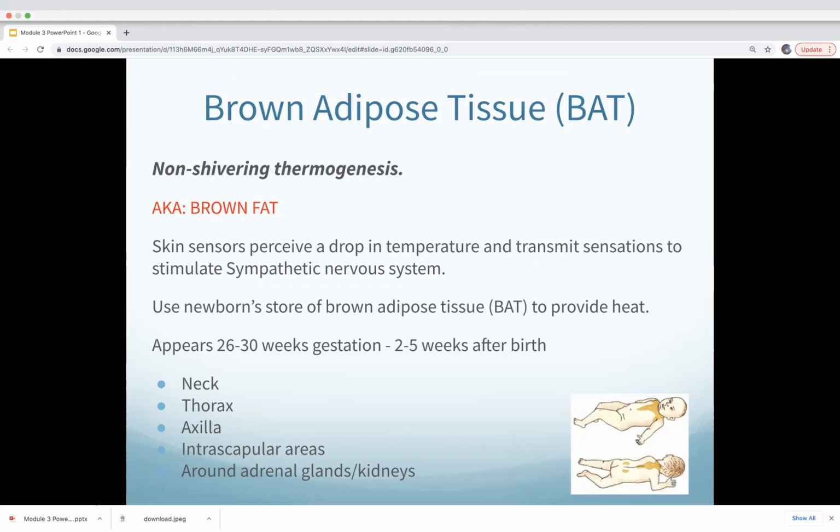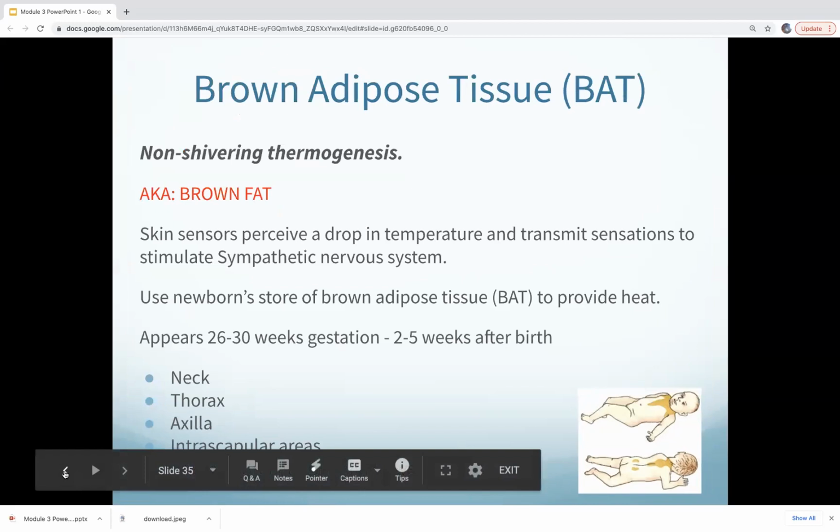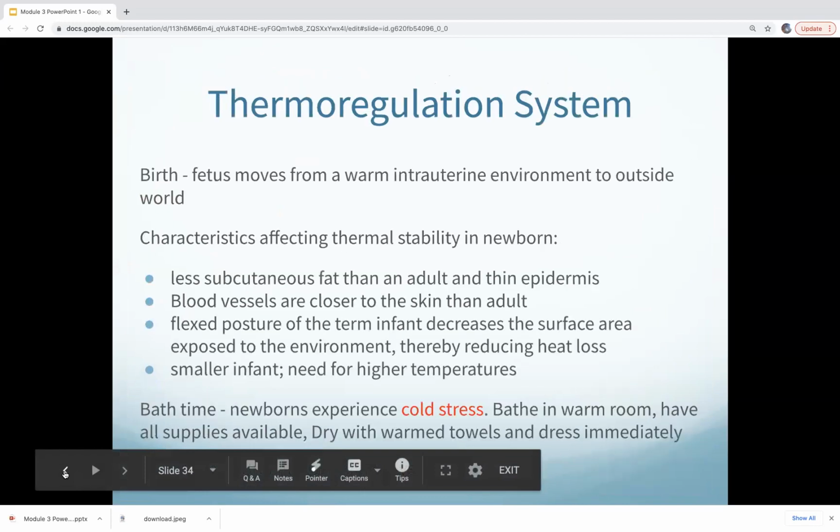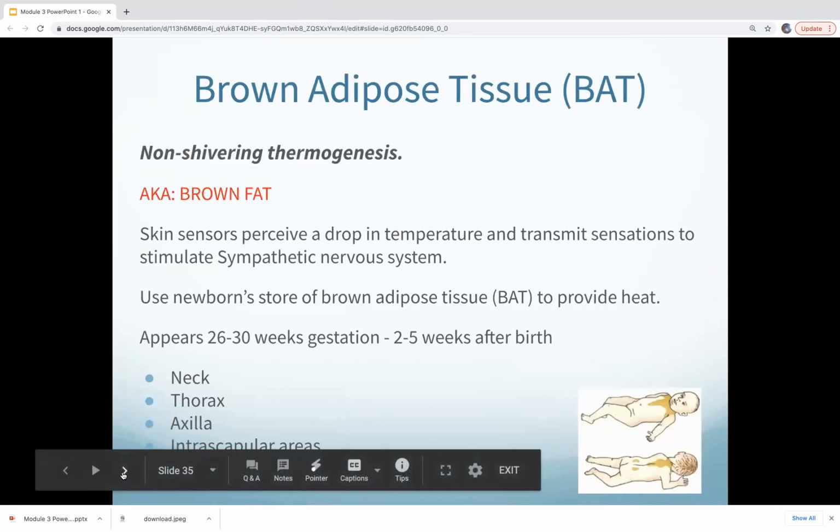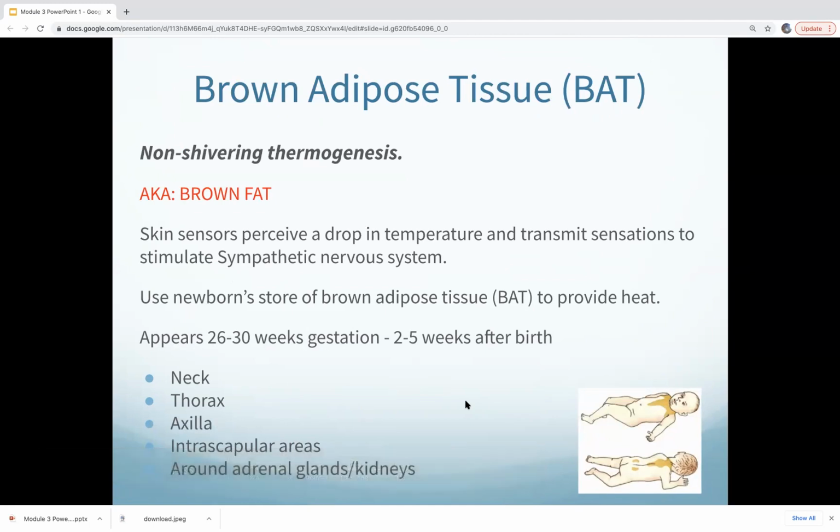So think about these preemies. They do not have this. Just to go back to the last slide, smaller infants need higher temperatures because they lack this brown fat. You're going to see it at the scapula area. You'll also see it around the adrenal glands, the neck, the thorax.